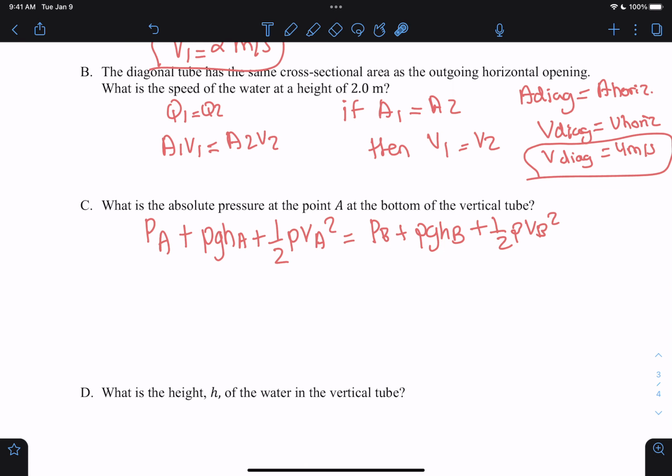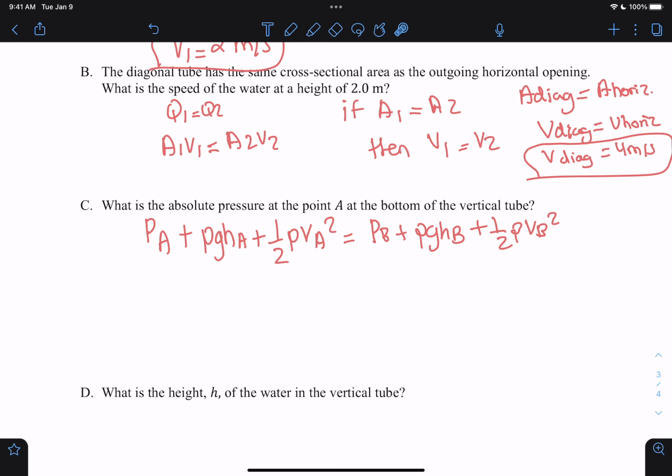So just keep that in mind if they're asking for gauge pressure and you have a point in contact with the atmosphere, then this would go to 0. But if you use gauge pressure on one side, make sure to use gauge pressure on the other side as well, because otherwise you're going to get weird answers. But they're asking just for absolute pressure, so we'll keep that in terms.